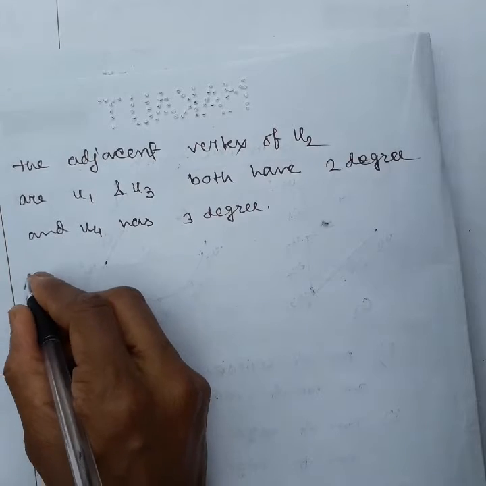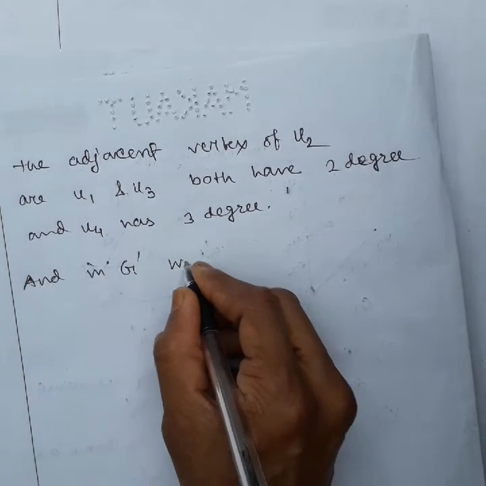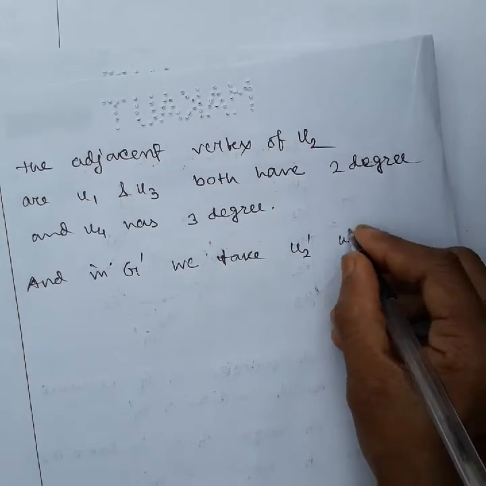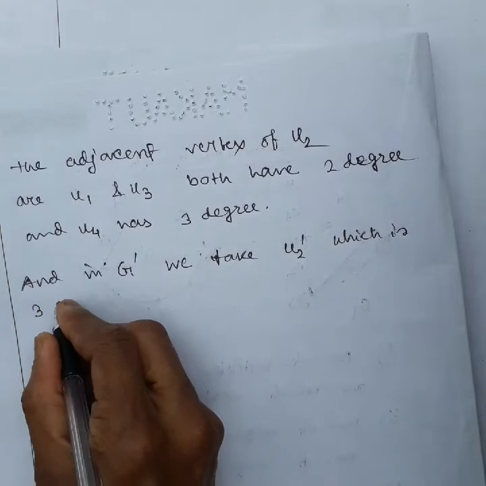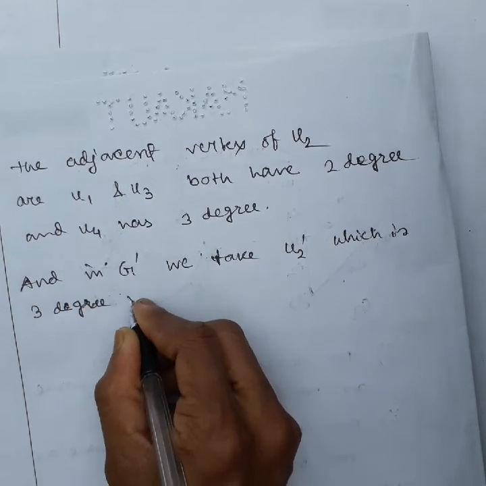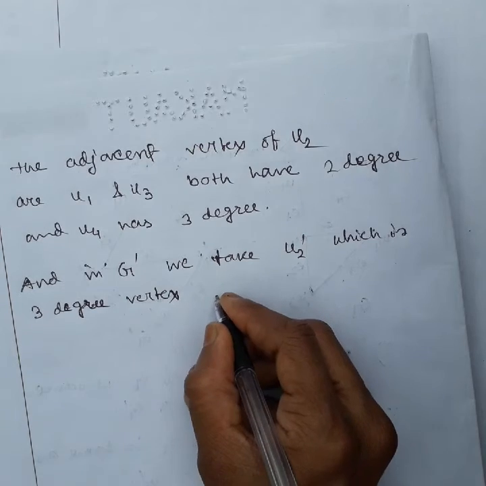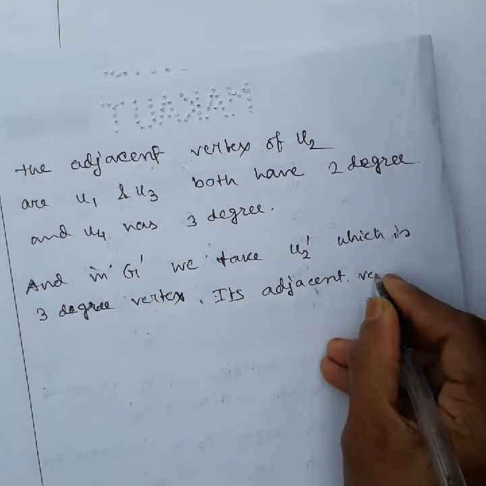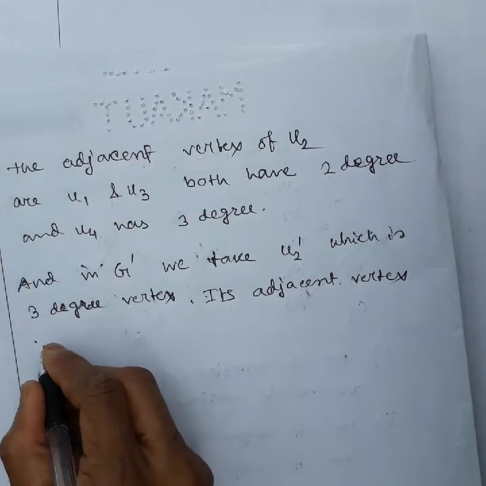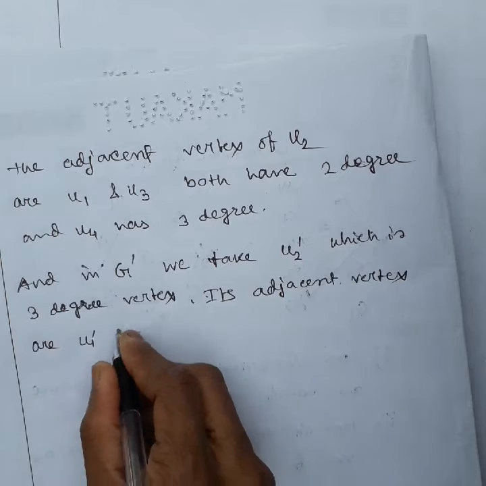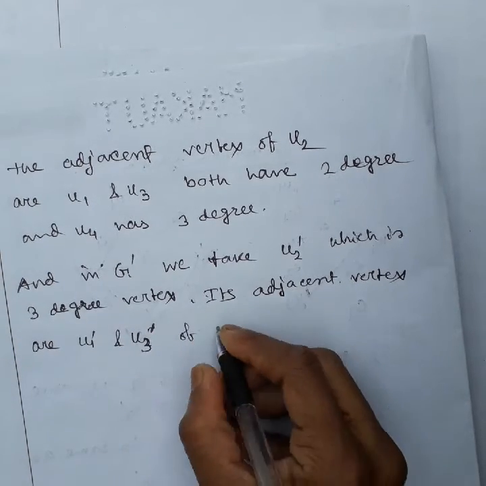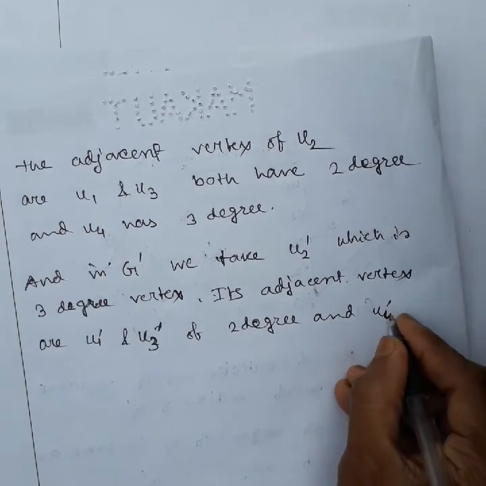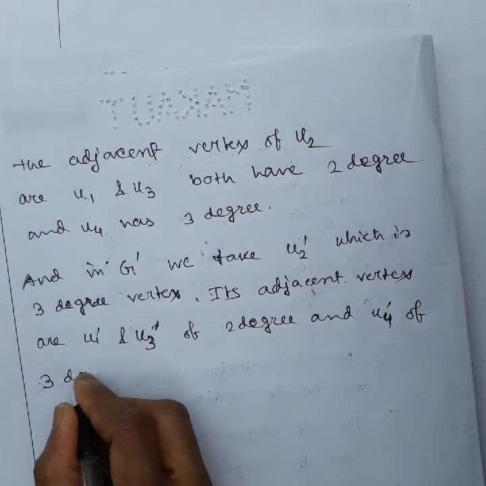Okay, and in G dashed we take U2 dashed, which is a 3-degree vertex, and its adjacent vertices are U1 dashed and U3 dashed of 2 degree, and U4 dashed of 3 degree.